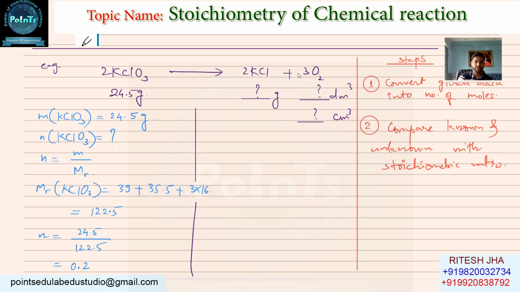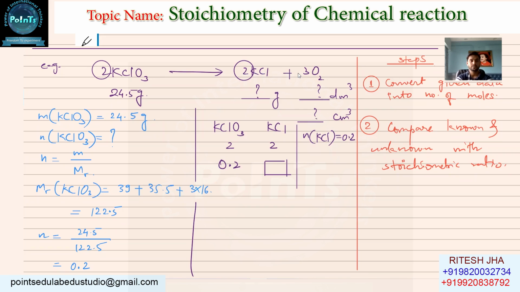We are given KClO3. I can compare it with KCl. Now the ratio is 2:2, right? So if this is 0.2, how much should this be? 0.2. Exactly. So we get number of moles of KCl equals 0.2.